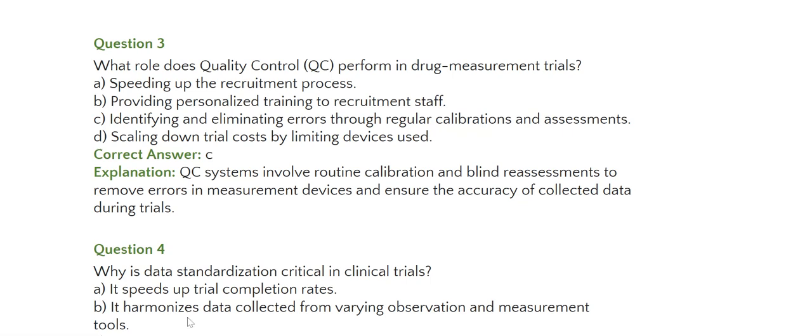So it is B, as it harmonizes data collected from varying observation and measurement tools. Data standardization combines results from different tools and methodologies into a consistent format, ensuring reliability across trials and improving data interpretation.